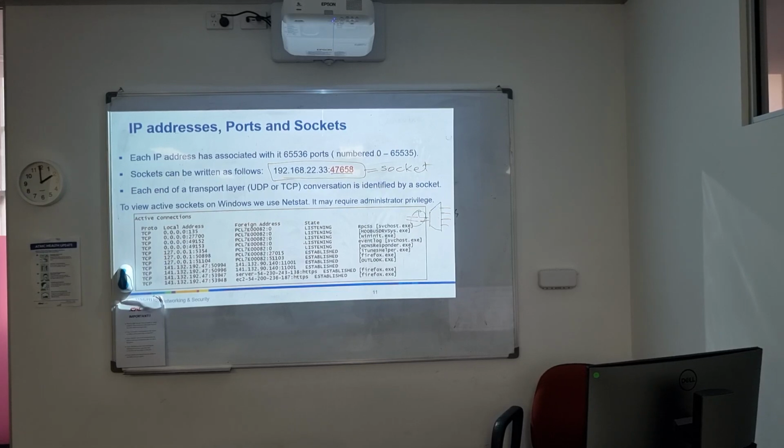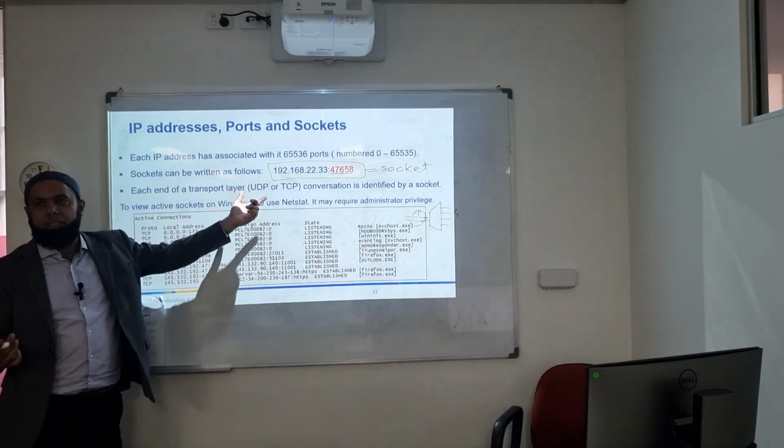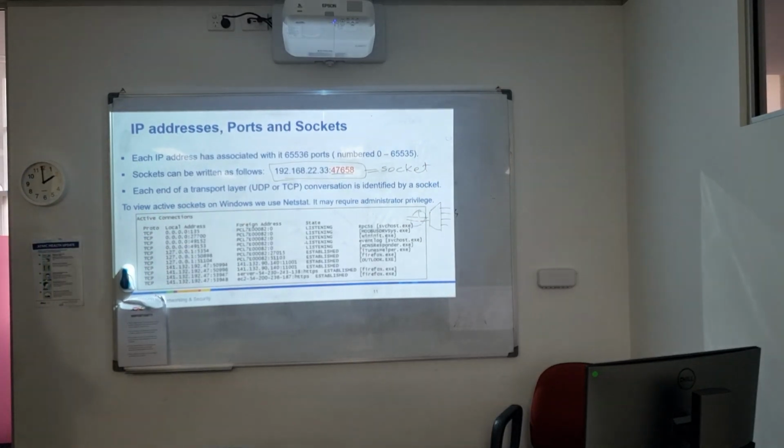And here we can see a lot of different examples. For each end of a transport layer, there is a UDP or TCP connection. We will see what that is about in the next few slides.